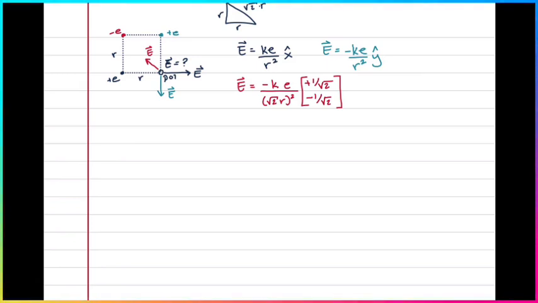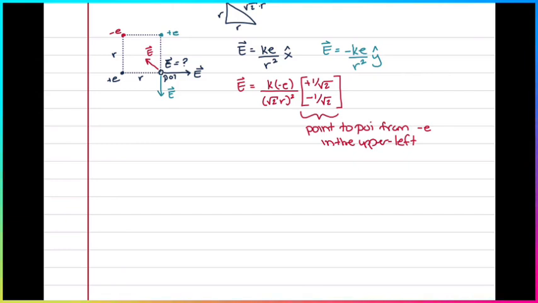So this vector here, remember, is supposed to point to the point of interest from the negative e in the upper left. And indeed, it looks like it points to the right and down, which is what I would expect. But then since the charge in that corner was a negative e, let me write this as k times negative e.